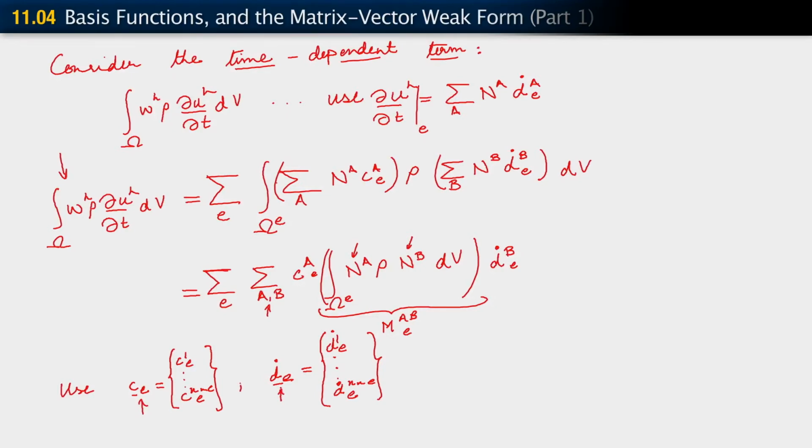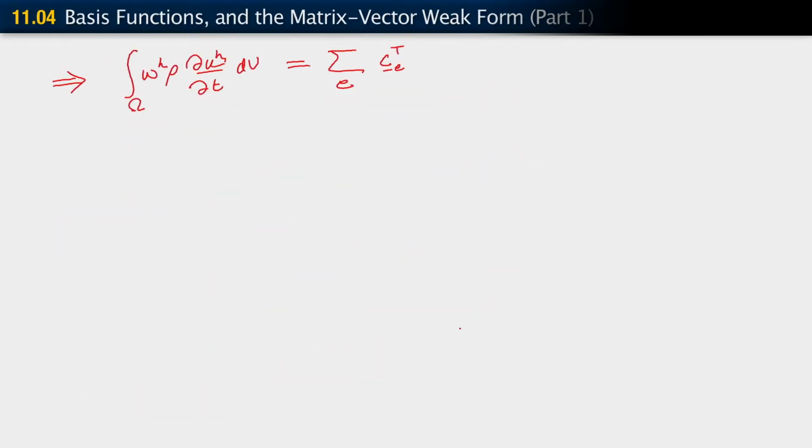What that means is that our MAB scalar terms slot themselves nicely into a matrix that I am going to call the M bar E matrix.